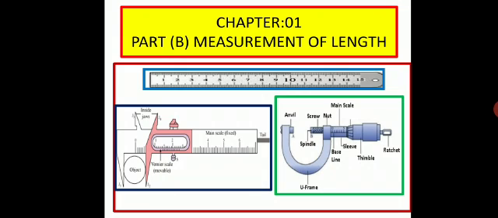Here on the screen, we have a meter scale, a very common scale which all of us use. Now, if you are asked to find the least count of this particular instrument, that is the minimum reading this instrument can take, then we can say that the minimum reading is this particular small division.